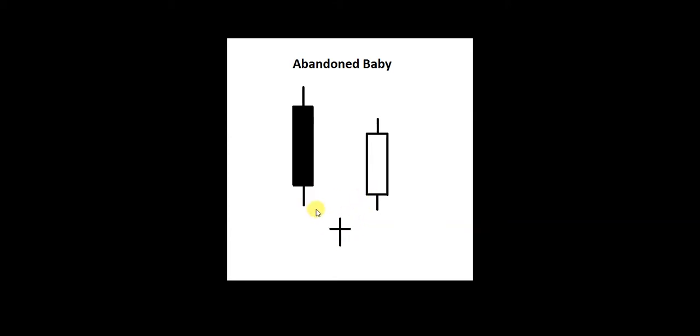Okay, but the bullish engulfing opens here, above the previous candlestick, for example. So this is a down gap or bearish gap, and here a bullish gap. So this distance is a gap between second candlestick, third, second, first.